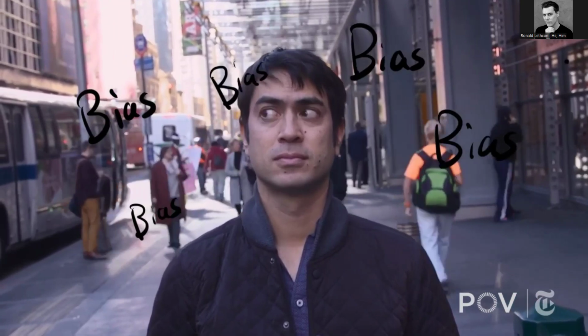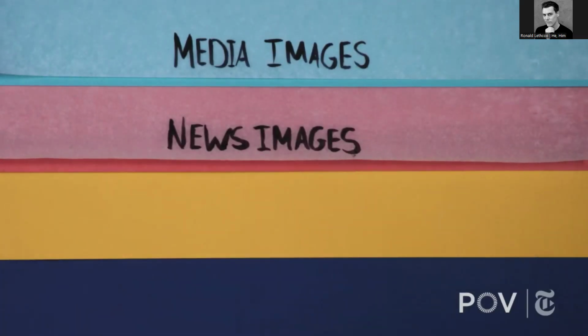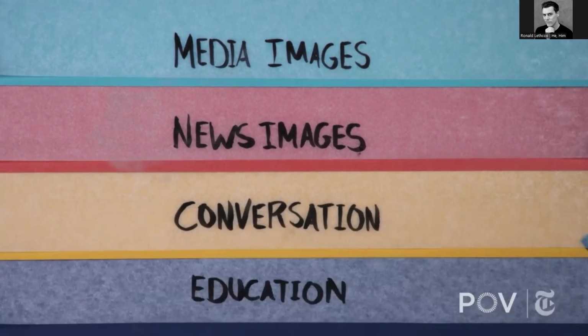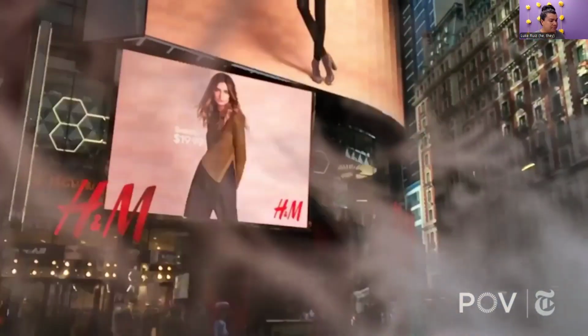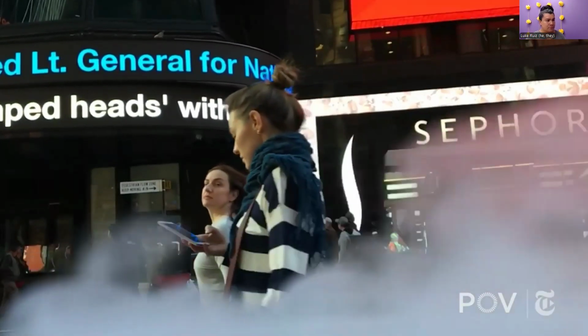Implicit bias is something that comes out of ordinary mental functioning, out of how the mind normally works. We've all grown up in a culture with media images, news images, conversations we heard at home, our education. Think of that as a fog we've been breathing our whole life. We never even realized it, what we were taking in. And that fog causes associations that lead to biases.